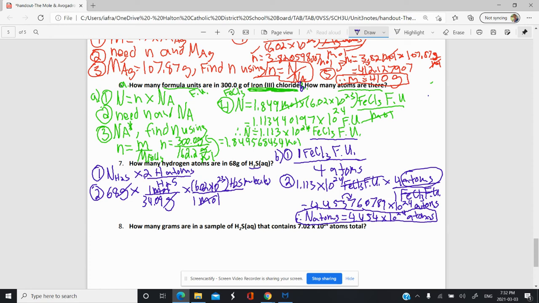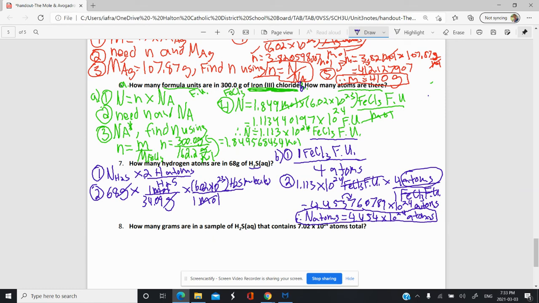And then finally I can multiply by my last bit, so I'm going to continue this here. I'm just going to put this in my calculator right now. So I'm going to have 68, well, we're dividing here, so 68 divided by 34.09 times 6.02 times 10 to the power of 23.